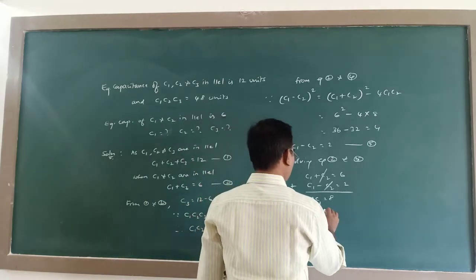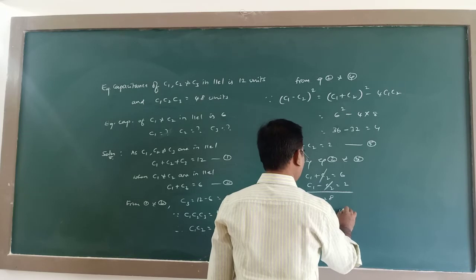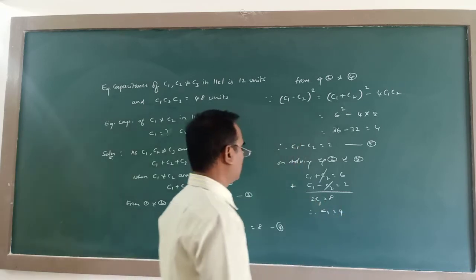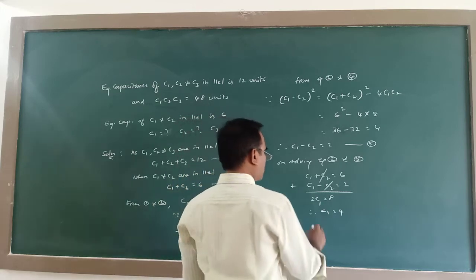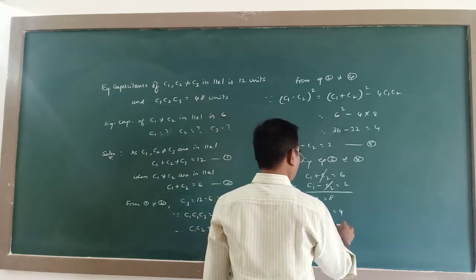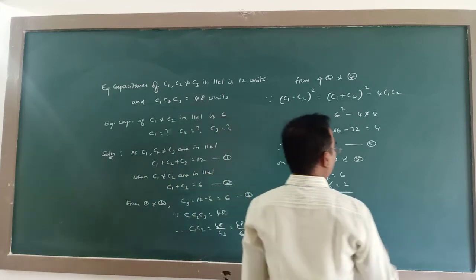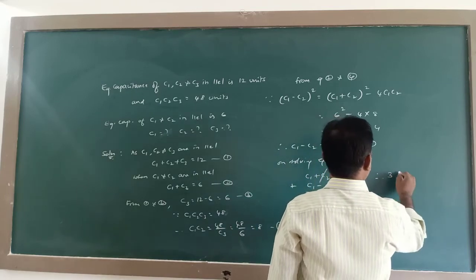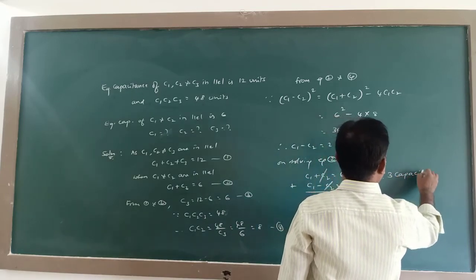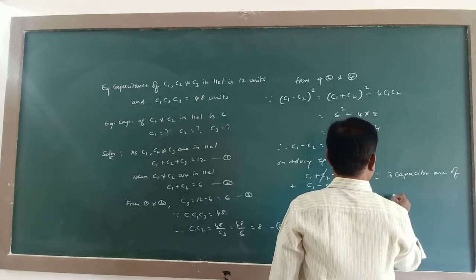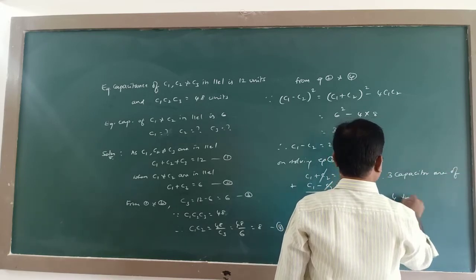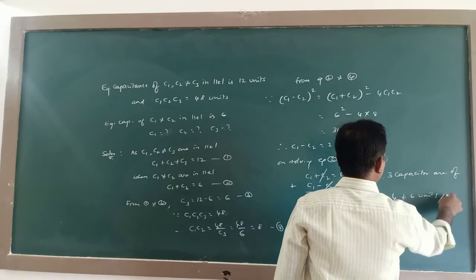Therefore C1 is equal to 4. Therefore C2 is equal to 2. Therefore the 3 capacitors are of 2, 4 and 6 units.